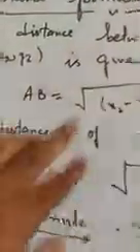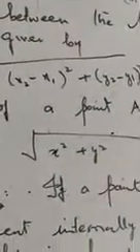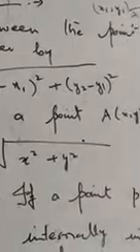Now, if we have the coordinate points A and B, we can very easily find the distance between A and B by this distance formula. AB is equal to the square root of (x2 minus x1) whole square plus (y2 minus y1) whole square.